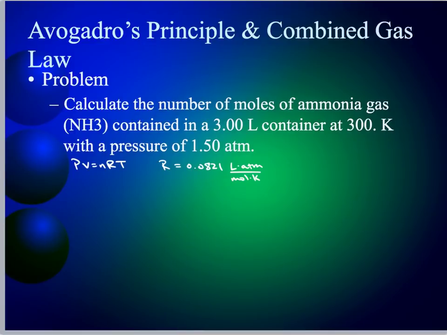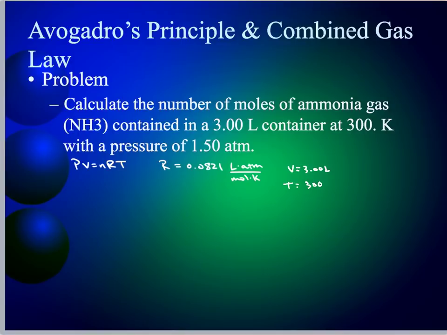All right, this says calculate the number of moles of ammonia gas contained in a 3-liter container at 300 Kelvin with a pressure of 1.50 atmospheres. So here's my equation, PV equals nRT. R is 0.0821 liter atmospheres per mole Kelvin. Based on the other information given in the problem, V is 3.00 liters.